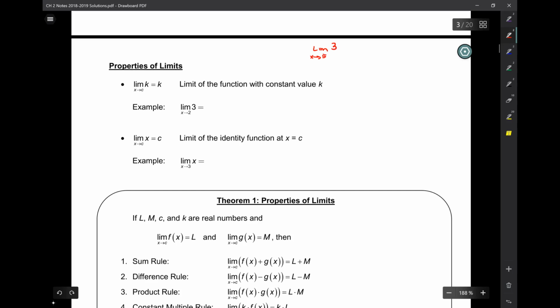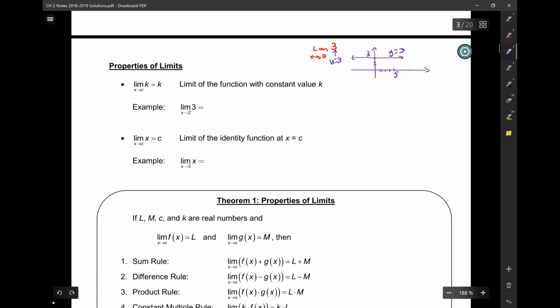of 3. What's my function? Y equals what? 3. In this case, my function is y equals 3. And let's see what that looks like. Oh, that's what it looks like. Y equals 3. Now, this is telling you, as x approaches 5, what is the limit?